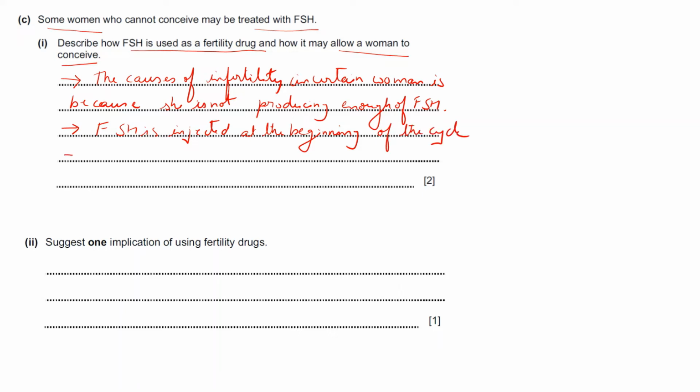Now the third point will be, what is the exact function of FSH? FSH is going to stimulate the development of the follicle. If the follicle develops, naturally the egg is going to be released and thus the woman can become pregnant.